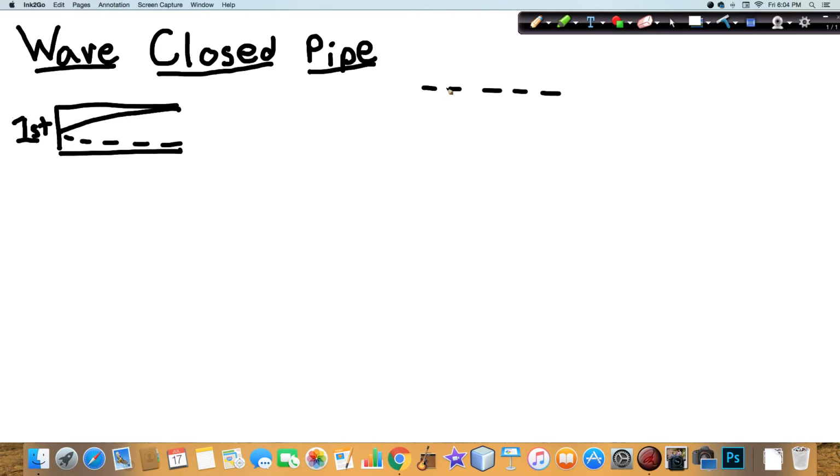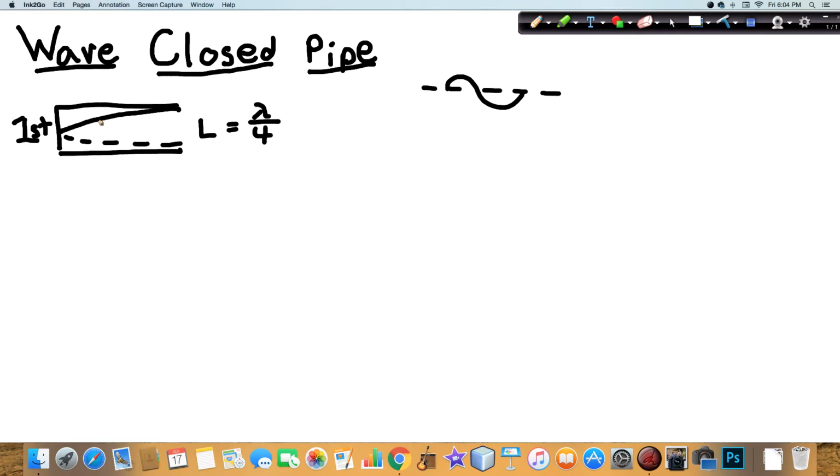Now if you look at that, we'll come over here and draw a wave just for reference. So a wave looks like this. This is what a complete wave looks like. This ends up only being a quarter of a wave. So the length of the pipe is actually equal to 1/4 of a wavelength, so it would be wavelength over 4.